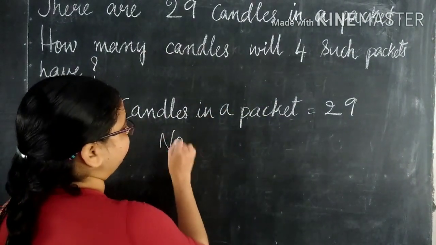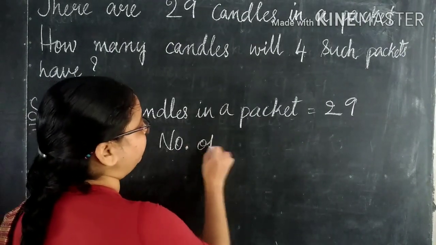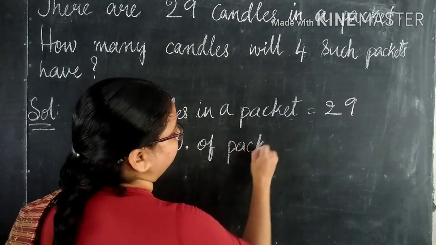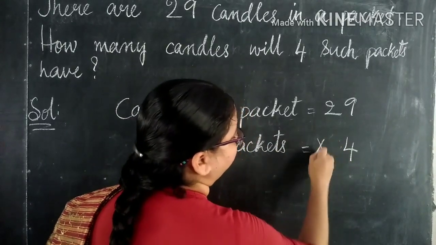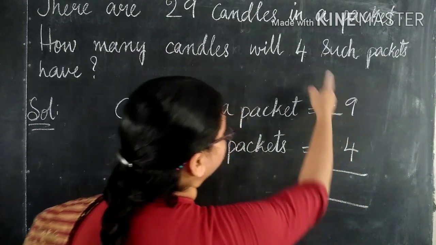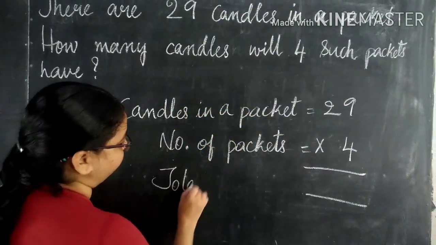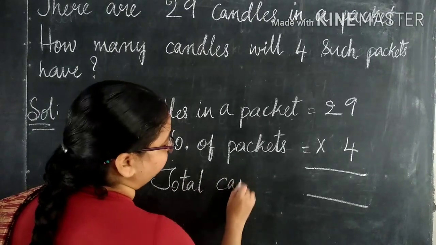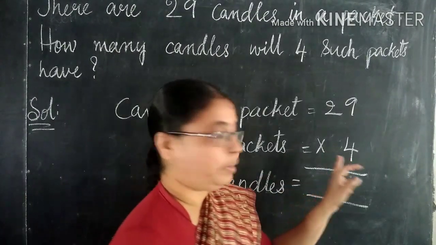No. means number, children. Number of packets. How many? 4 are there. Okay. So, what are they asking? Total candles. In 4 packets, how many are there? They are asking us. Let us multiply.